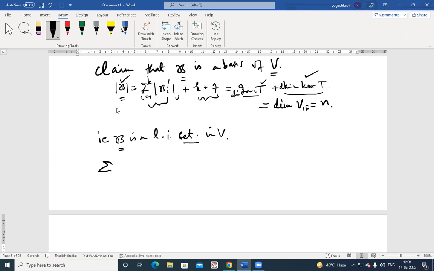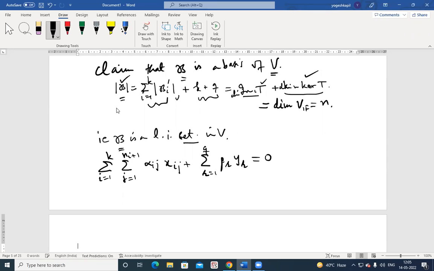So let us take this sum, i ranging from 1 to K and j ranging from 1 to n_i plus 1, alpha ij xij, plus another sum, r from 1 to Q, beta r into Yr, which is 0.